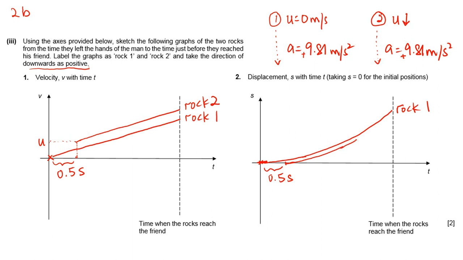So the gradient will get steeper and steeper until it meets at the same point. So this is rock 2. Why must the rock 1 graph meet at the same point with rock 2? Just because both rock 1 and rock 2 would have traveled the same displacement.